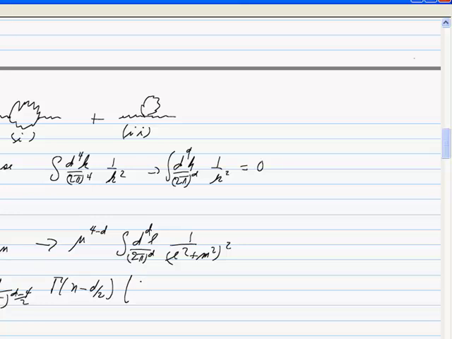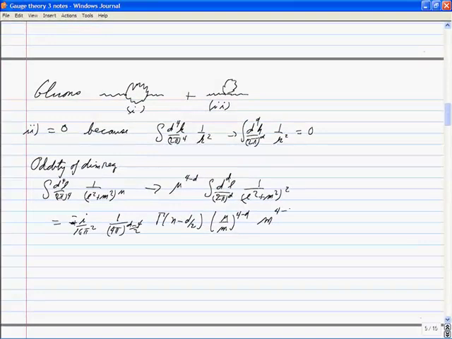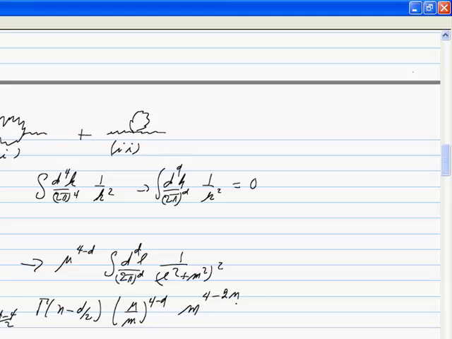There's mu over m to the 4 minus d. And then the last piece is gotten by doing dimensional analysis. It's m to the 4 minus 2n. That square there should have been n, sorry.